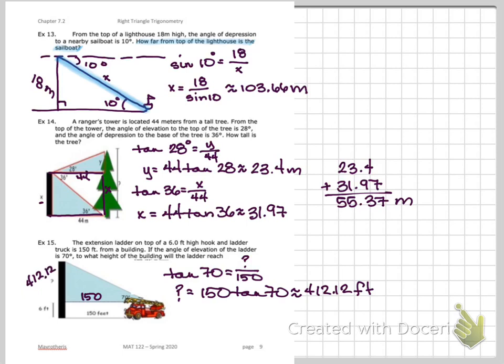We have to add on the 6 feet at the bottom because we want to make sure we are measuring how far up the building we can go. And since our ladder is already starting 6 feet off the ground, we have to take that into consideration. So that ladder will reach 418.12 feet up the side of the building. And that's it. That is 7.2 done.